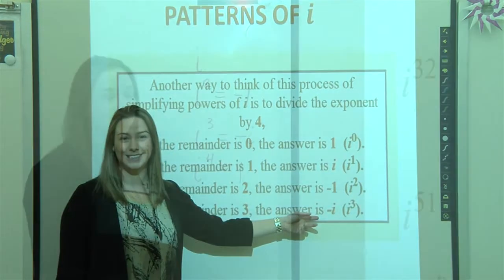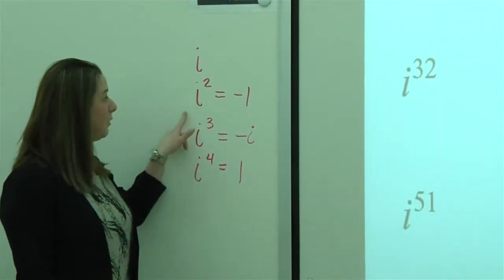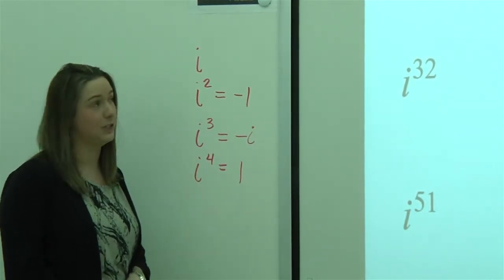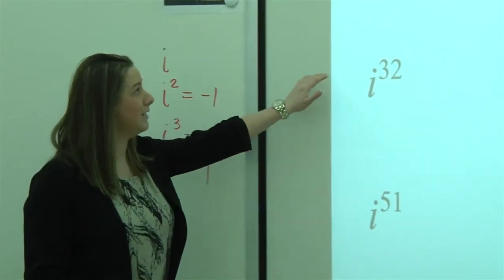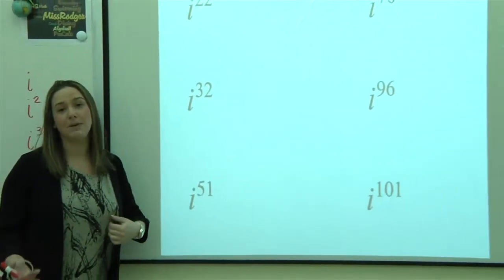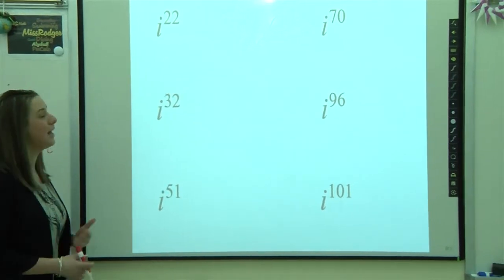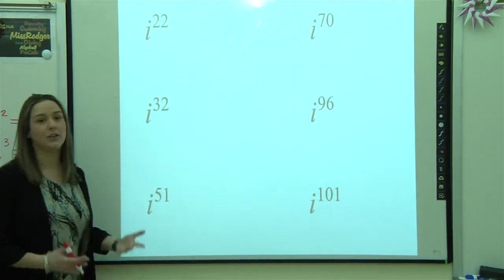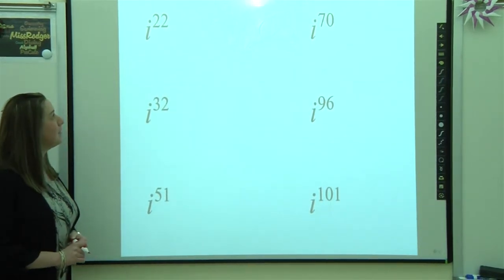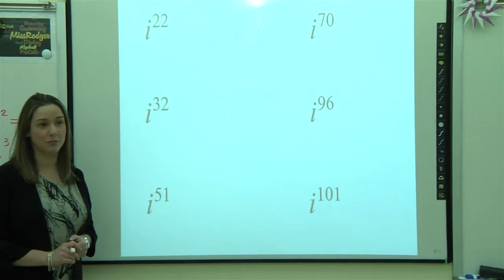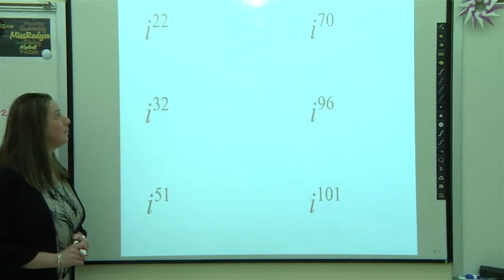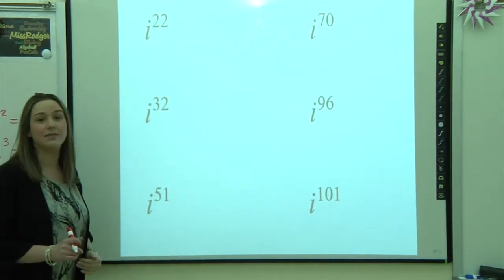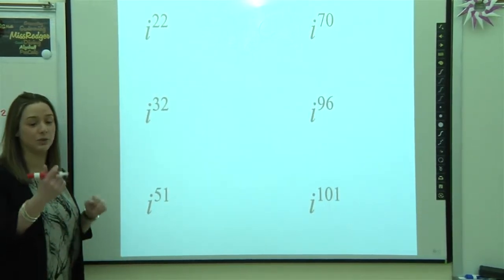Let's take a look at what we just did. We have i squared equals -1, i to the 3rd equals -i, and i to the 1st equals i. If we think about i to the 22nd power, we're not going to build our values of i every time. We want a fast method to figure out powers of i that are greater than, say, 8. If I think about 22, I want to think about how many groups of i to the 4th go into i to the 22nd. So I can divide 22 by 4 and see how many times it goes in.